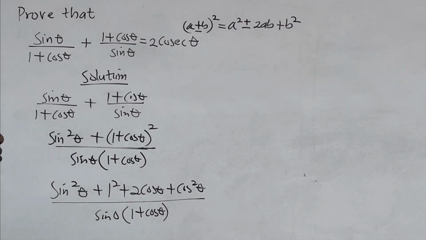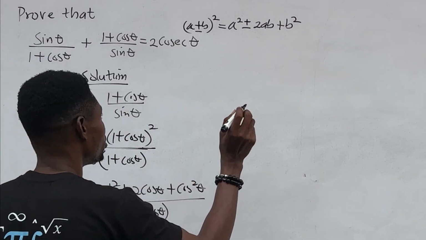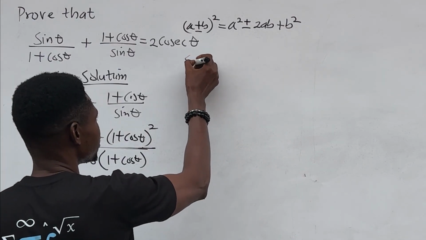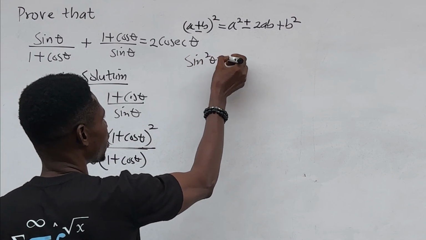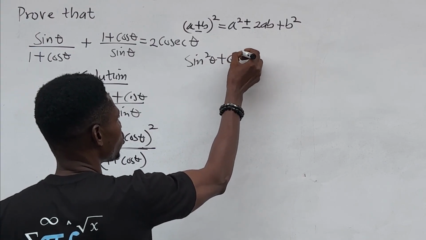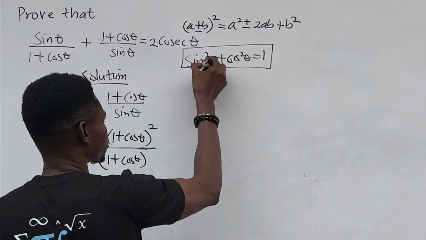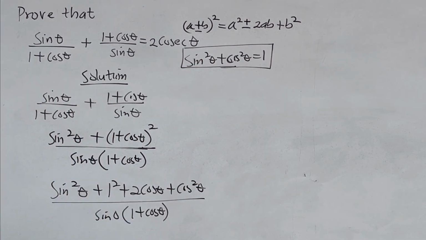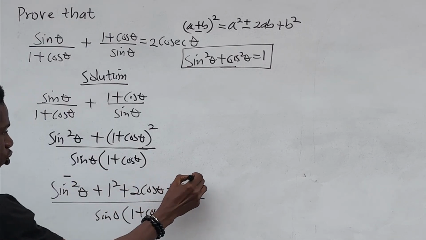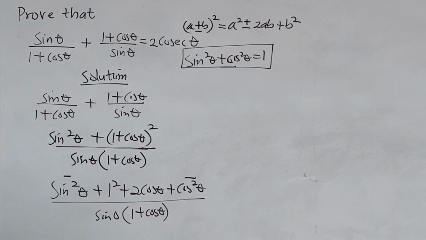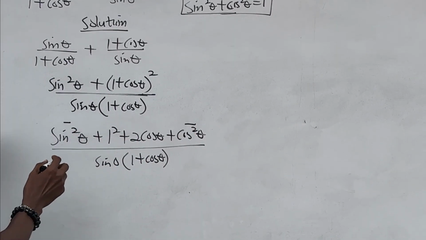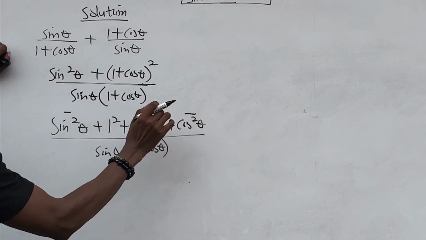Now remember this trigonometric identity that says that sine square theta plus cos square theta equals 1. So this is a known identity. If we apply that here, now we have a sine square theta and a cos square theta here, right? So combining these two gives us a 1.